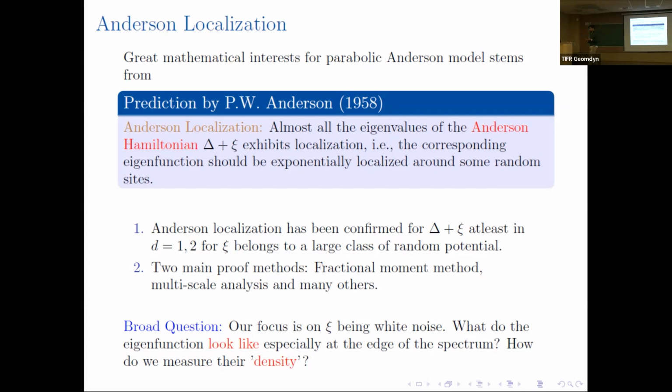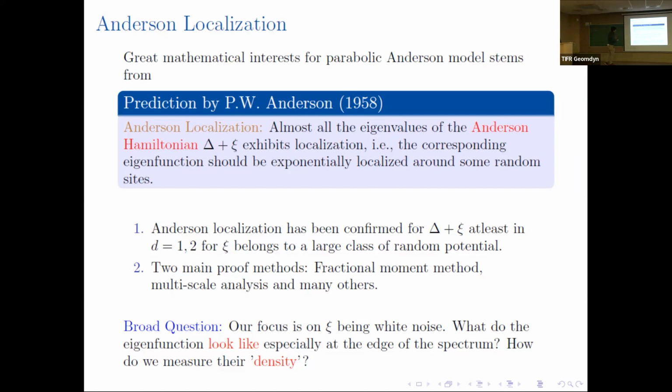So the plan of Anderson was to put these two things together and try to explain what is going on in these crystals. The Anderson Hamiltonian, as people now call it, is just the Laplacian plus this noise function, which you call a potential function.